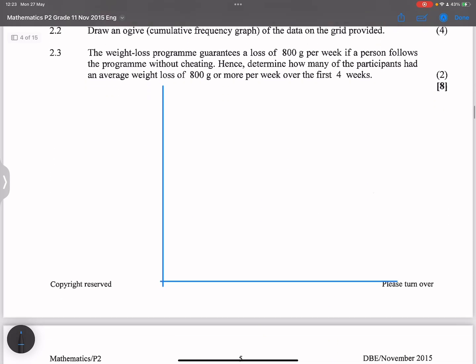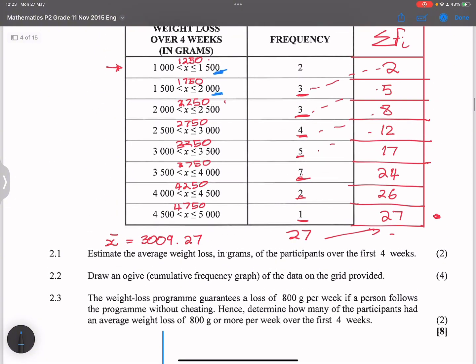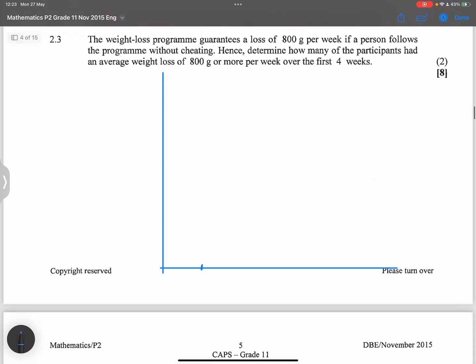But before I even get to 1500, remember that's where we start. So I'm going to say this is 1500, and this would be at 2000.